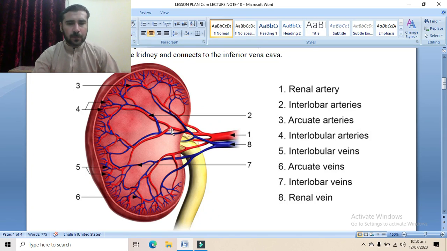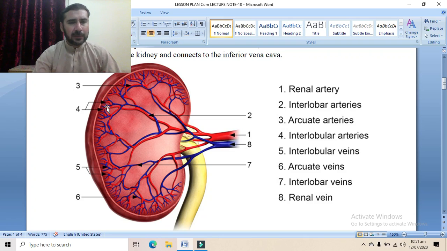So here it is shown as number 2 and number 4. These are basically the interlobular arteries or the cortical radial arteries. Interlobular arteries. This is number 4. So these are the large branches and they then divide further and further, and these are the fine branches.